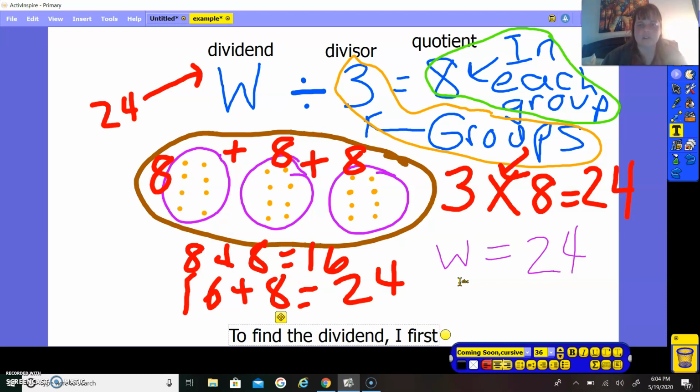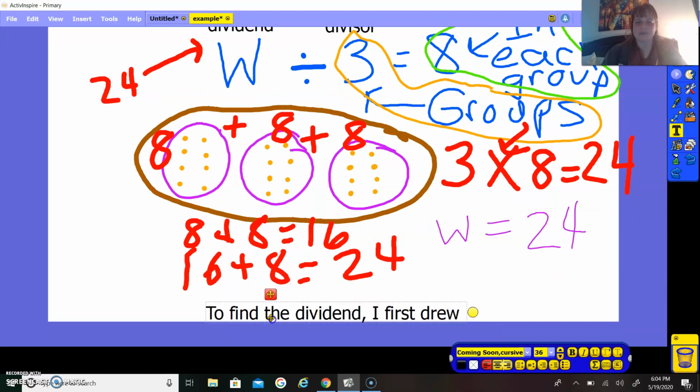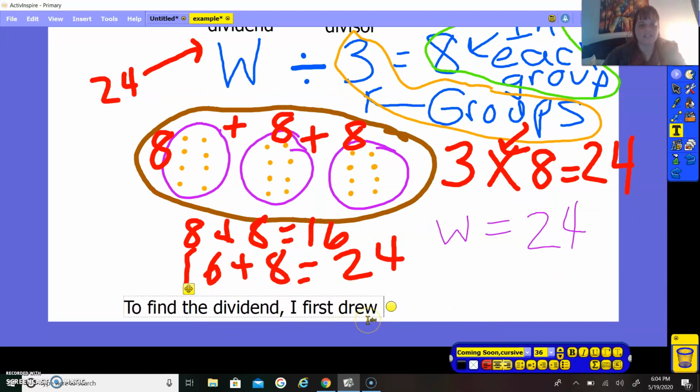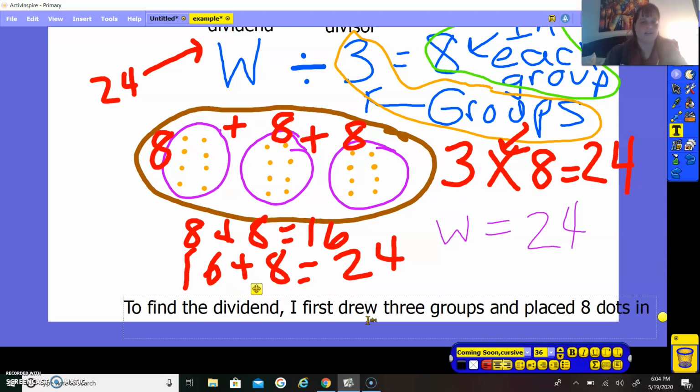So to find the dividend, what did I do first? I first drew 3 groups. I feel like I need to move this so that you guys can see it.